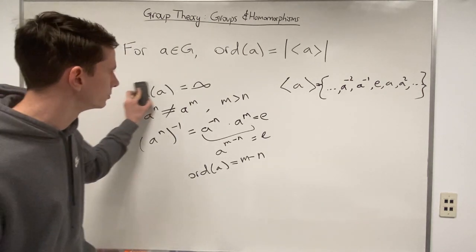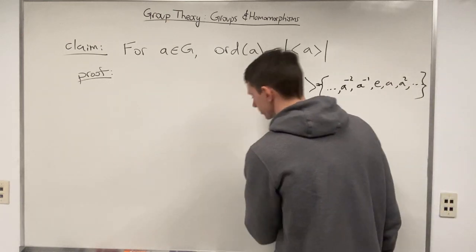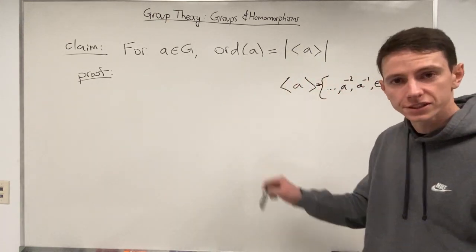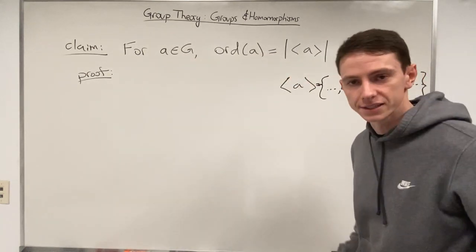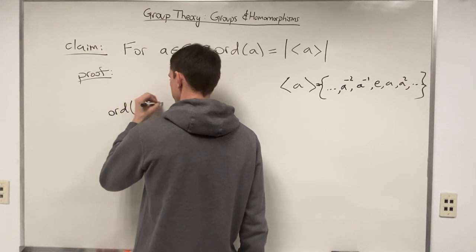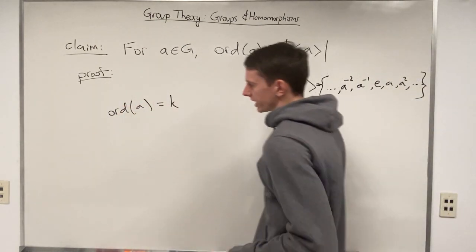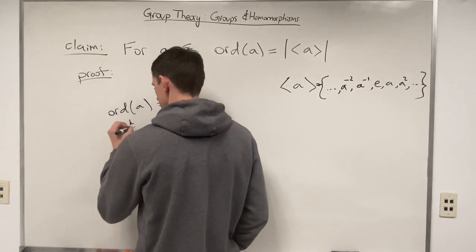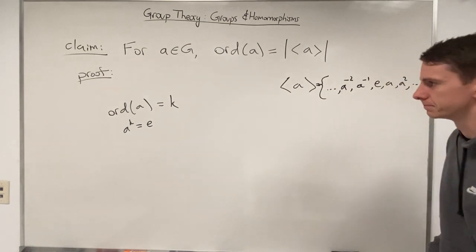The finite case is very similar logistically in terms of the proof. If this is going to be finite, then let's now say that the left-hand side is some finite value. So we're going to say that the order of this element is equal to k. Another way of saying this is that k is going to be the smallest power that we could raise a to and get back to the identity.